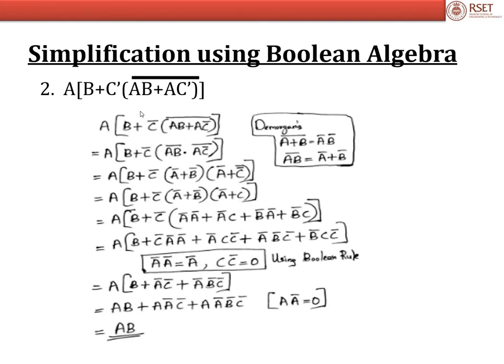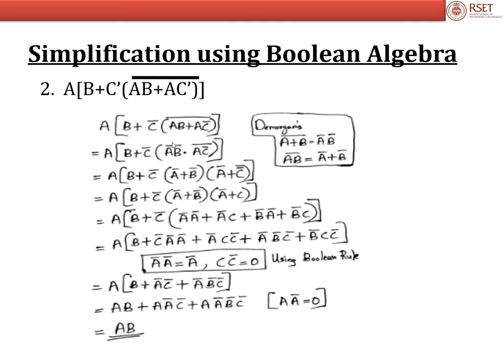So one more example in which you have to apply De Morgan's theorem also. a into (b plus c bar) into (ab plus ac bar) the whole bar. Here you can apply De Morgan's theorem, that is a plus b the whole bar is equal to a bar b bar. So you can write it as a (b bar) into (a c bar) bar.